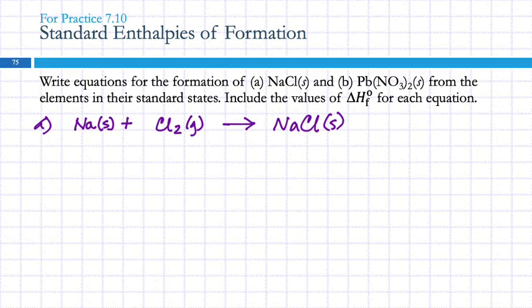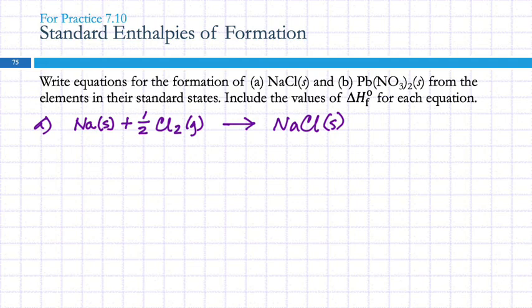How can we balance this? We could put a half in front of this because we only need 1 of the chlorine atoms. So we're going to take half that molecule to make this. And in terms of molecules, that doesn't make any sense. But if we're talking about moles of molecules, then it's perfectly fine.